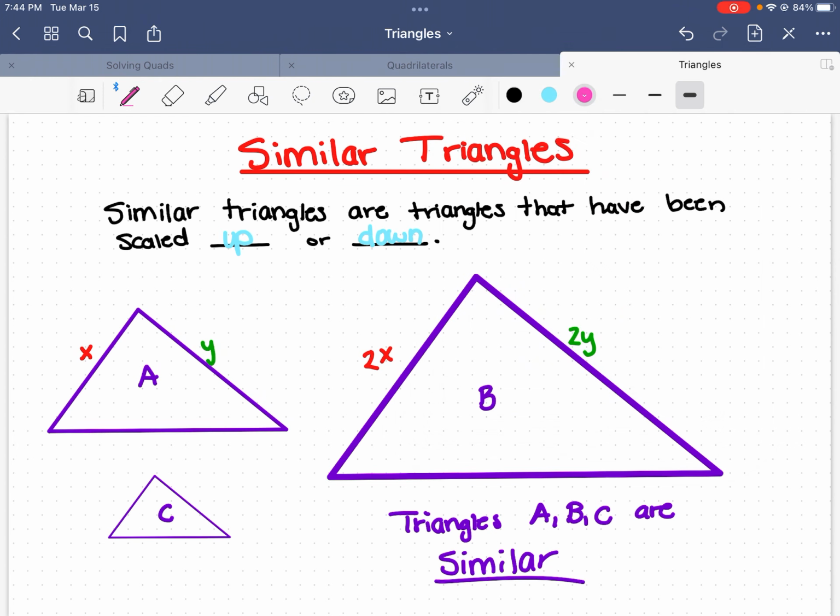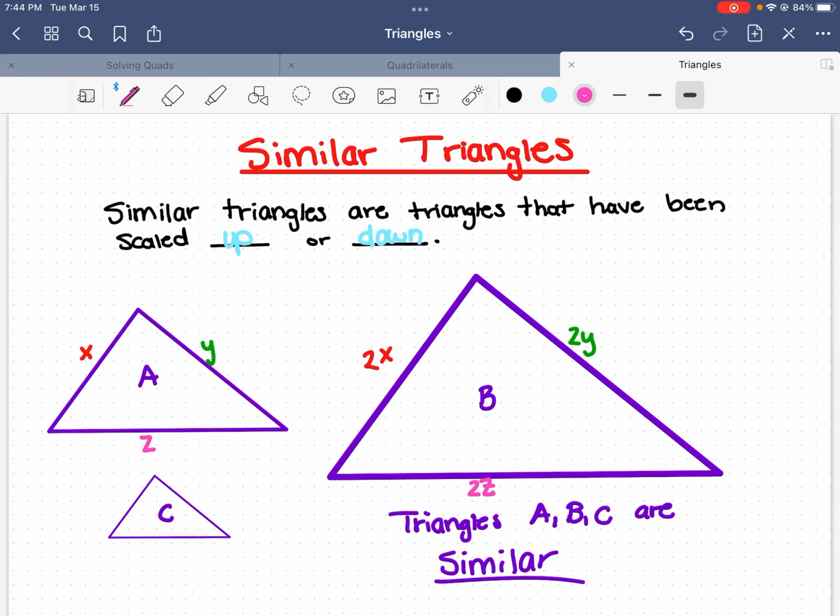For the last one, if this is Z, then for B to be a similar triangle, this also has to be scaled up, not by 3, but by 2. So these two triangles would be similar because each side is proportionate to each other at the same scale level.